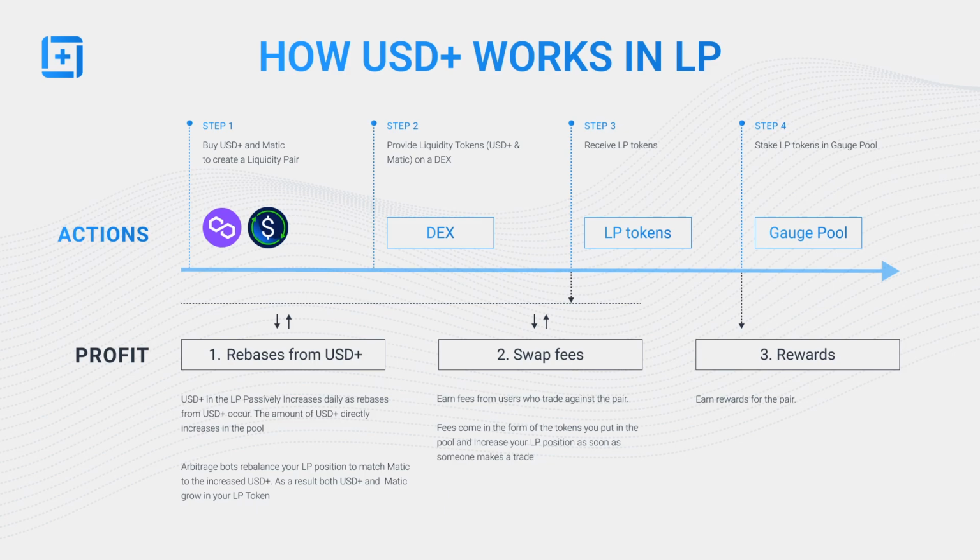Now, as a final reward, your rebases from USD Plus, as well as the swap fees for providing liquidity on that decentralized exchange, make up all of the rewards you get for providing liquidity.